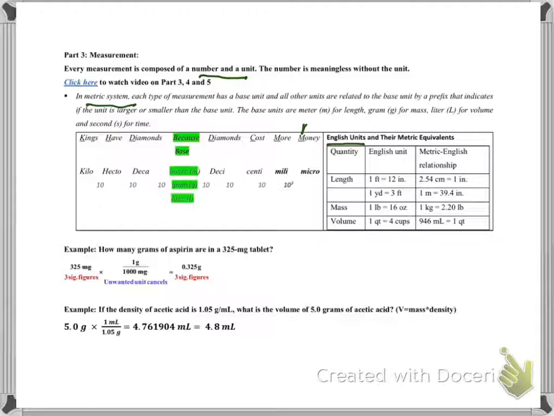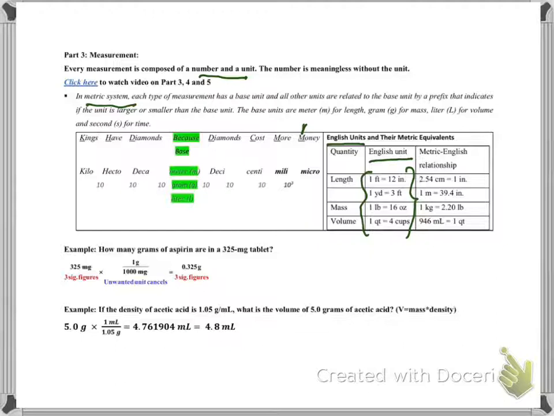But in the American or English system, for example, 1 foot equals 12 inches, 1 yard is 3 feet. You have to memorize these conversions. So, for the metric system, I give a mnemonic to my students: kings have diamonds because diamonds cost more money.